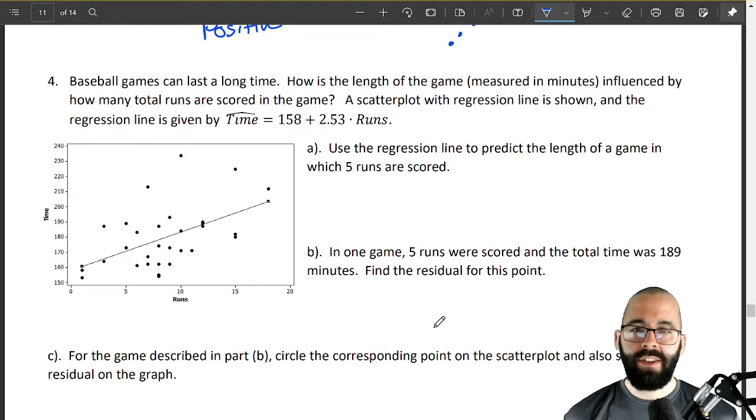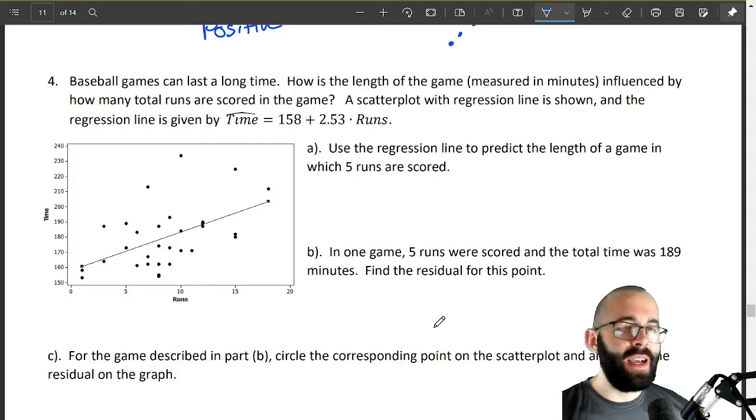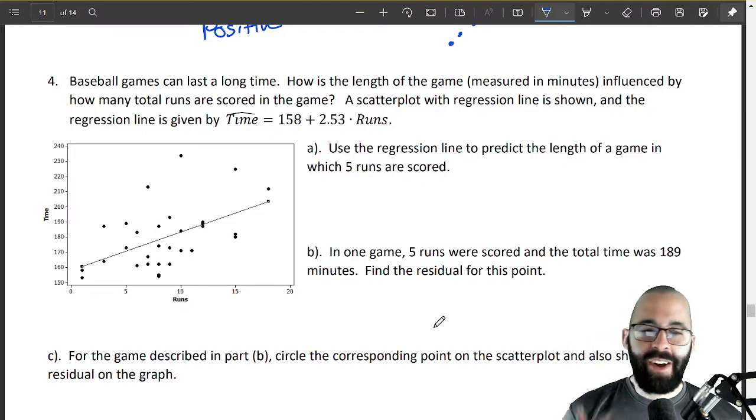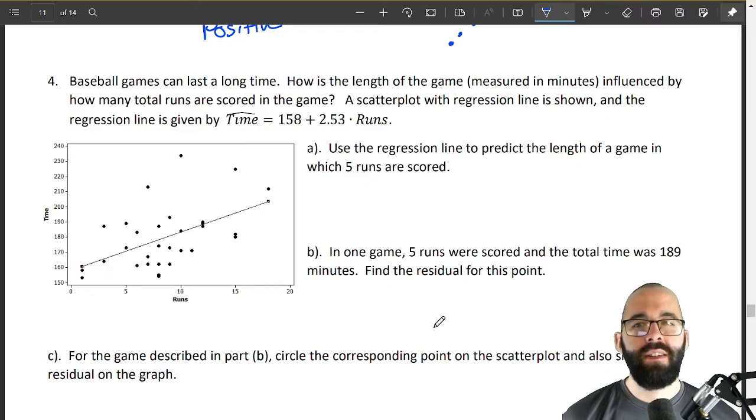Baseball games can last a long time. Almost every baseball game I've ever gone to in person, it's been so boring, nothing has happened, and it took forever. Anyway, my own personal feelings aside, how is the length of the game, measured in minutes, influenced by how many total runs there are?